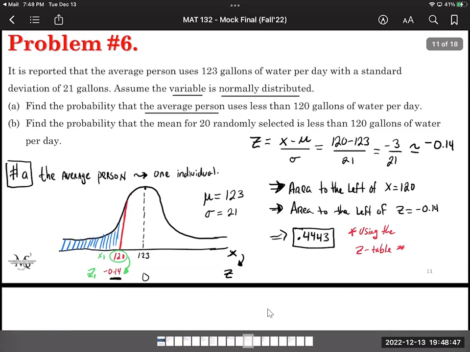All right, so that's part A. Now we do part B. Part B states: find the probability that the mean for 20 randomly selected is less than 120 gallons of water per day.